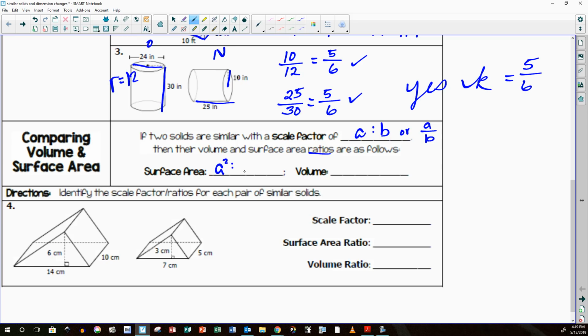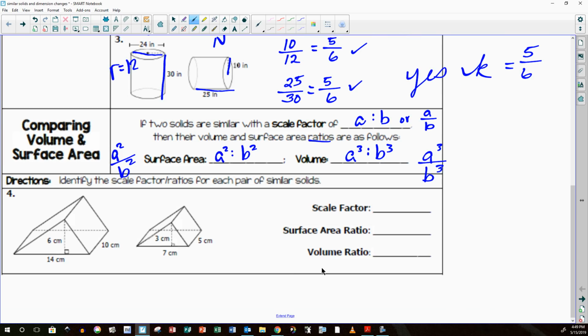The surface area is A squared to B squared, or A squared over B squared. Their volume would be A cubed to B cubed, or A cubed over B cubed. So basically, you take the original scale factor, and if you square it, that's the area scale factor, and if you cube it, it's the volume scale factor.